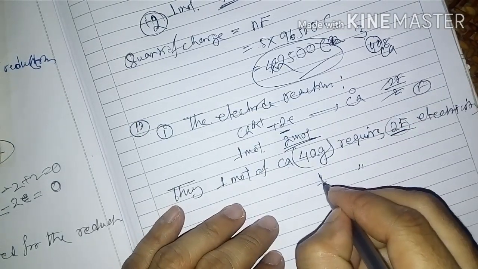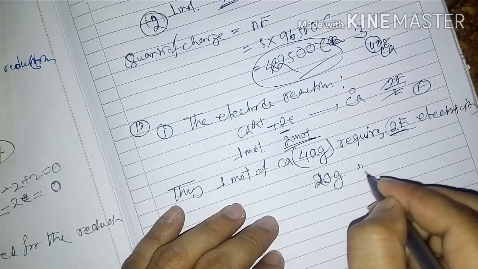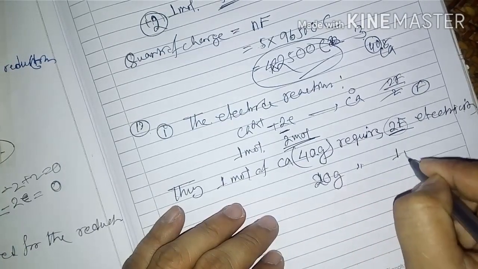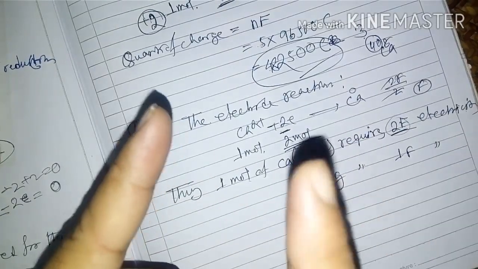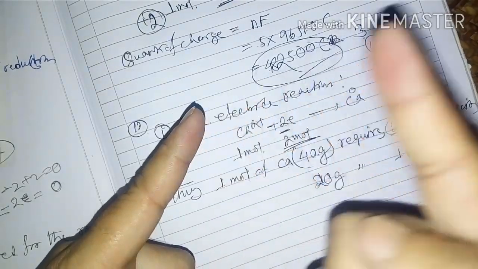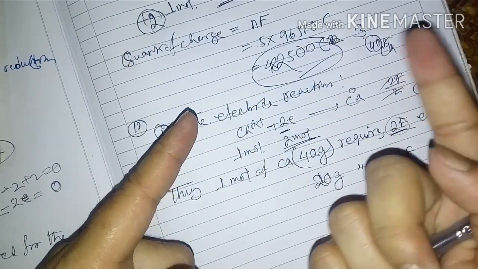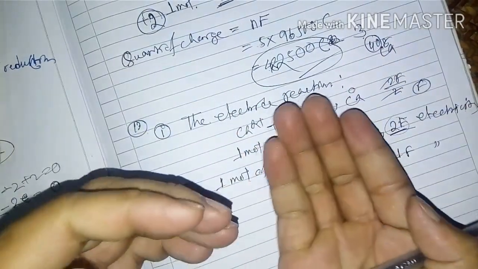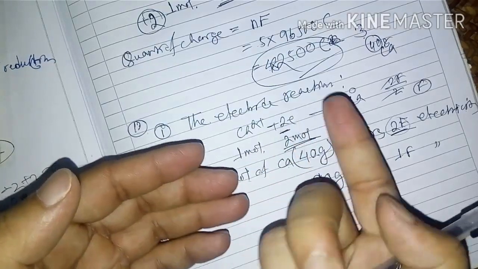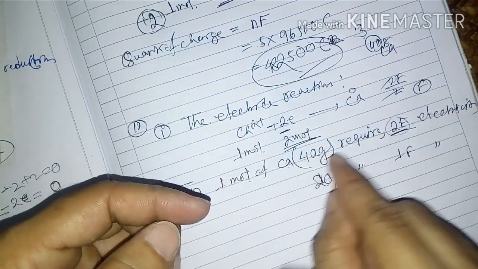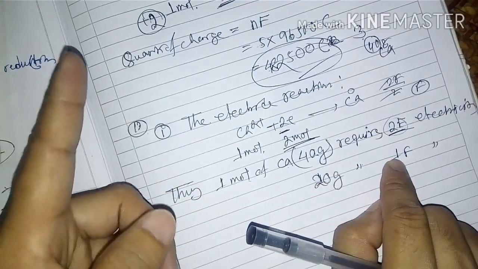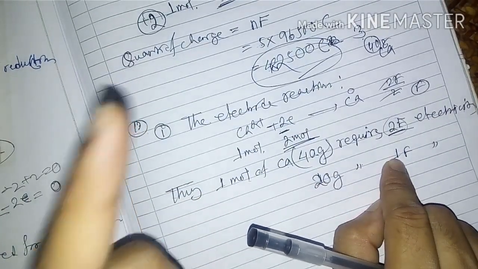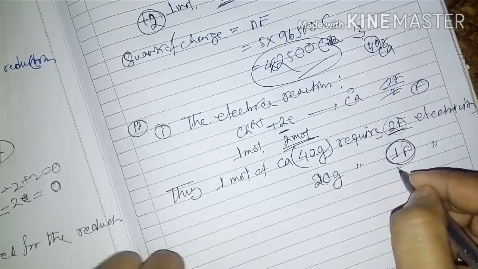Then you can write here: 20 gram requires 1 Faraday electricity. Understood this one? If 40 gram requires 2 Faraday, then 20 gram needs 1 Faraday electricity.